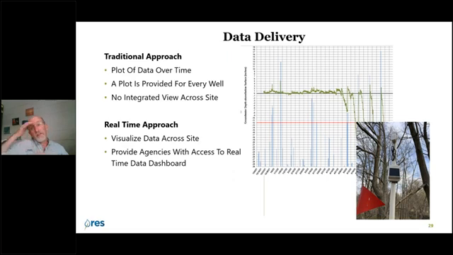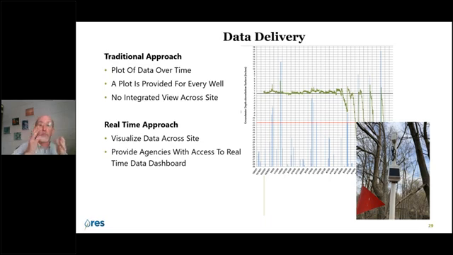Data delivery: every year we have to submit data reports showing how our site met all kinds of monitoring requirements, from vegetation on down to the hydrology. A typical approach is that plot you see there in the green, which is the water level in a well. The blue lines are the rainfall for that particular day, documenting how one particular well met its performance criteria.